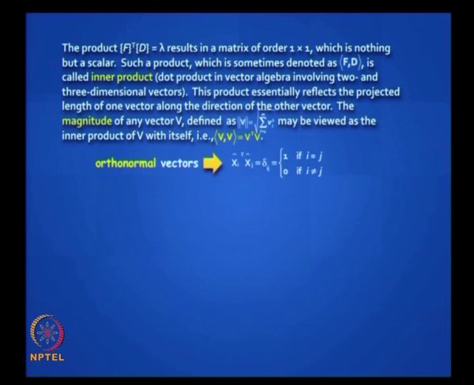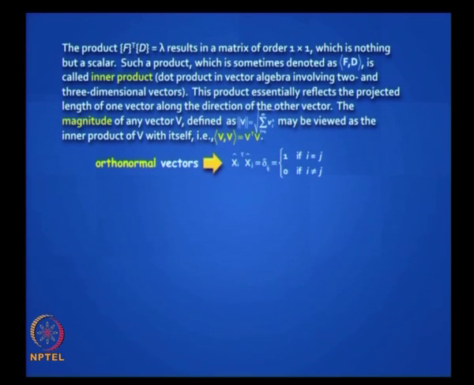So what kind of product is this? Well, we say dot product in physics when you deal with 2 and 3 dimensional spaces, but it is called an inner product in general. You can also show it in this fashion, which is a symbolic way of showing the inner product. So I will read this. The product F transpose D equal to lambda results in a matrix of order 1 into 1, which is nothing but a scalar.